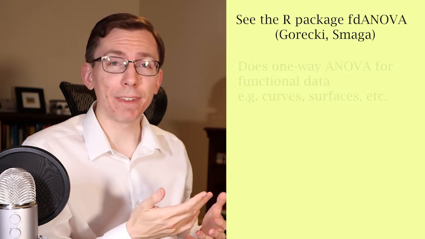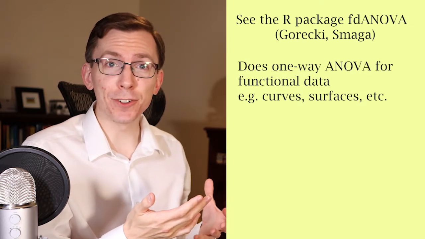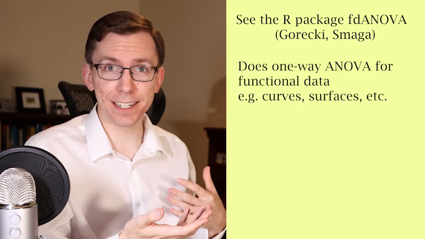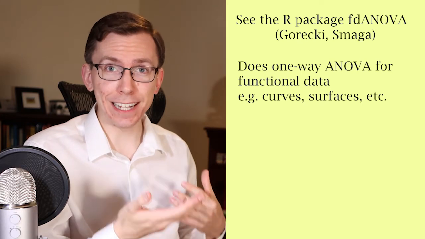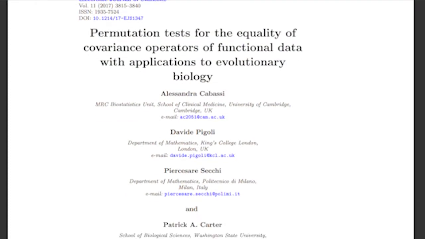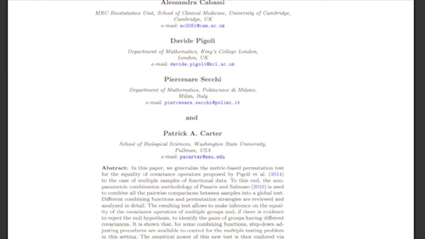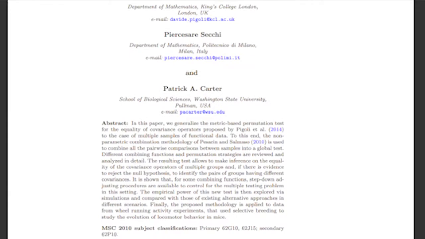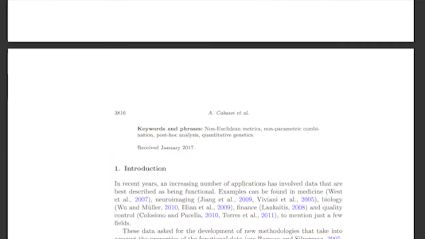There's a package in R called FDANOVA, and this package will effectively do a one-way ANOVA test on functional data. Let's say we wanted to compare k samples, but we want to compare not so much the functional means, but the covariance operators. Well, there was a 2017 paper by Kokoszka et al., and this one actually approached this problem, and what they did was they used a permutation test.